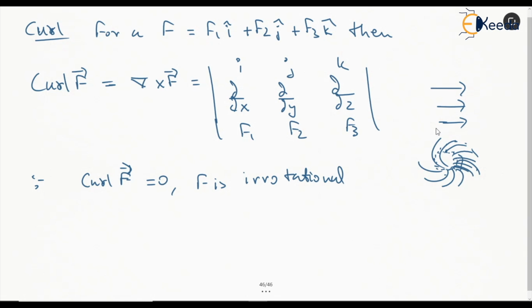So once this field is irrotational, this field will also become conservative, or you can say the line integral over a closed path for it will become zero, right? Stokes' theorem will tell you how it is happening. As of now, we can just keep a note of it.